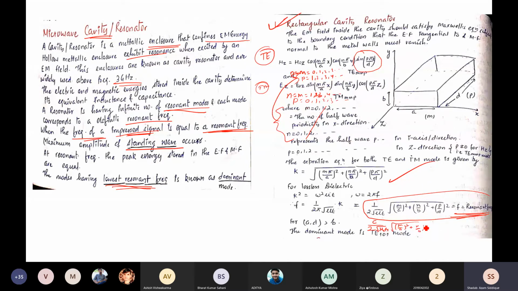You can write it this way also, because c is equal to 1 by square root of μ0 ε0. So if μr εr is equal to 1, it can be written as c by 2 times the square root of this expression.